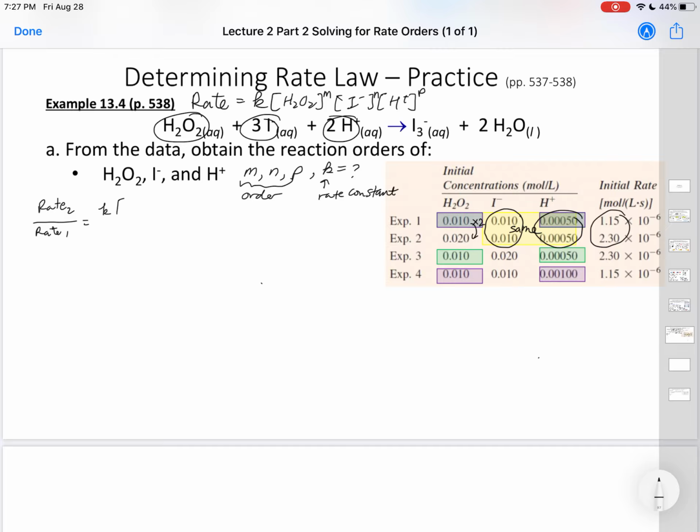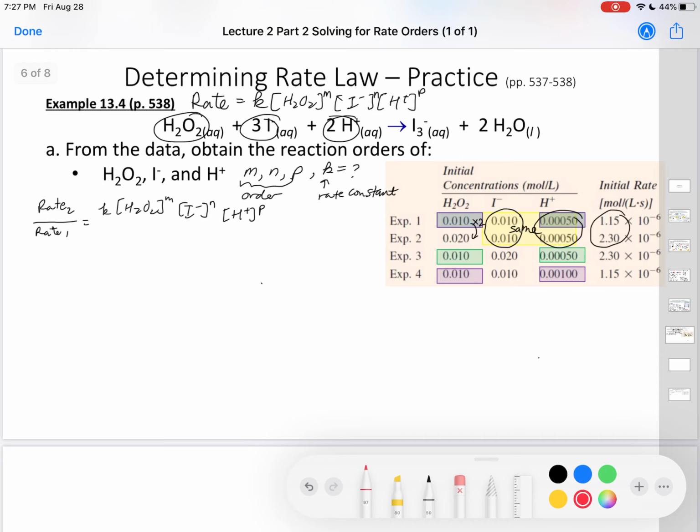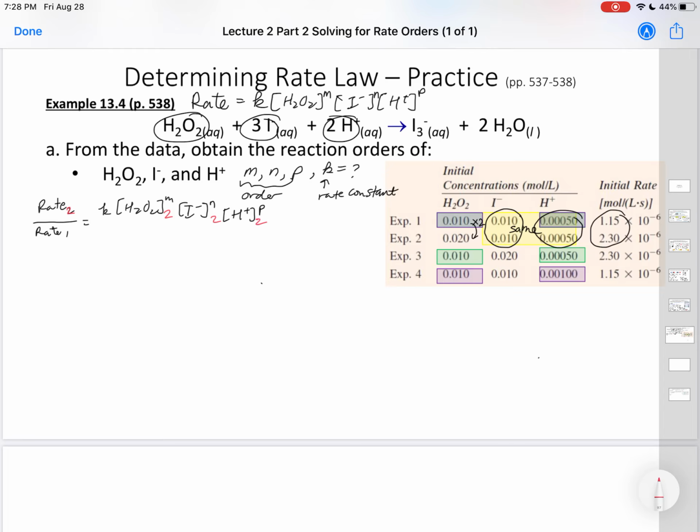Rate 2 is equal to k times your H2O2 concentration to the m, your I minus concentration to the n, and your H plus concentration to the p. But in every one of these cases, you are looking at experiment 2.